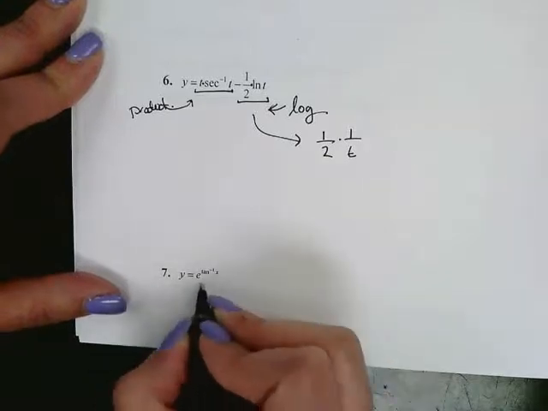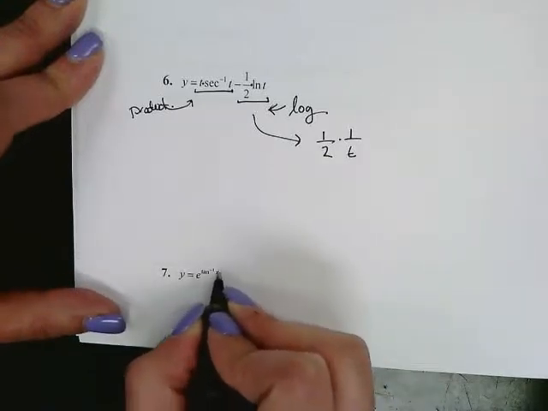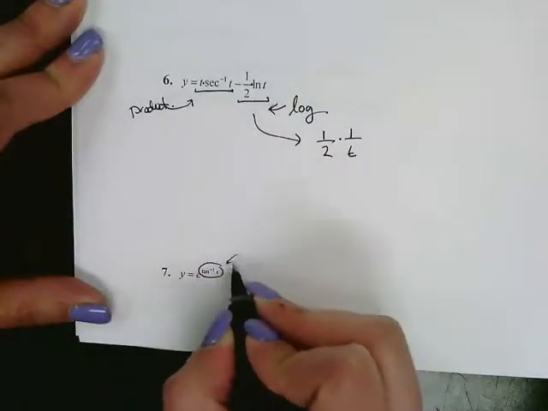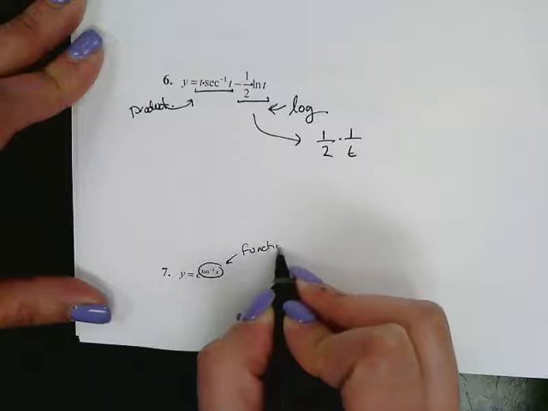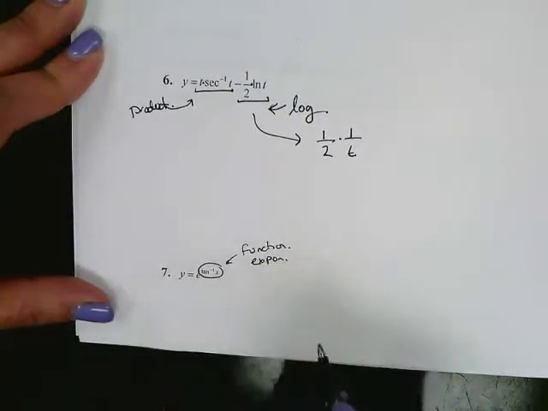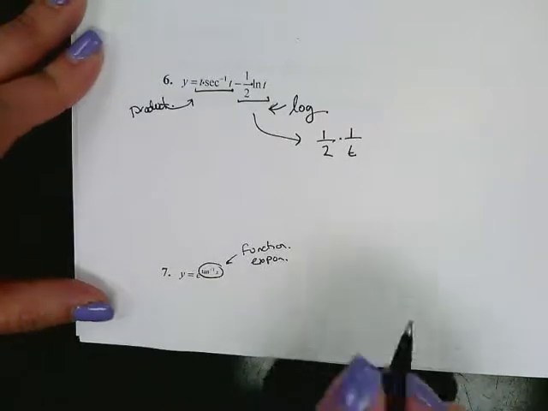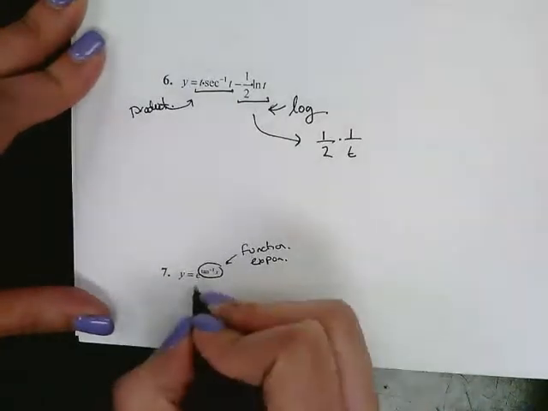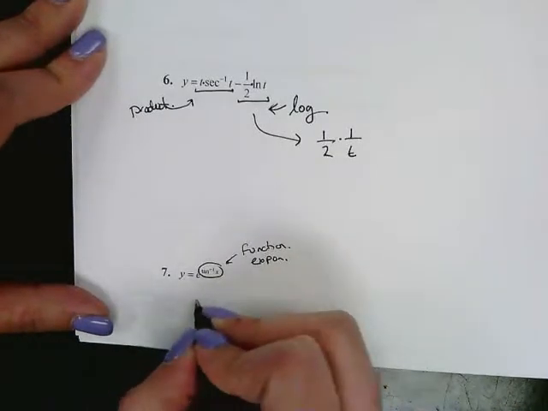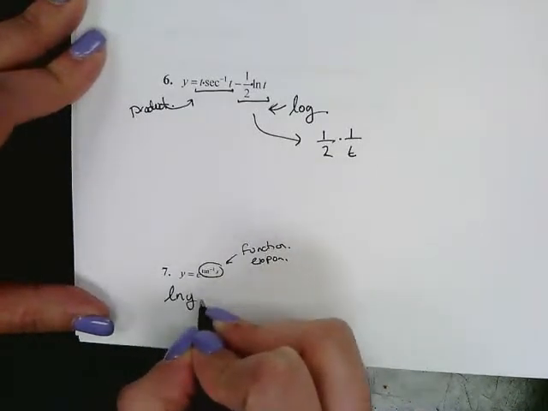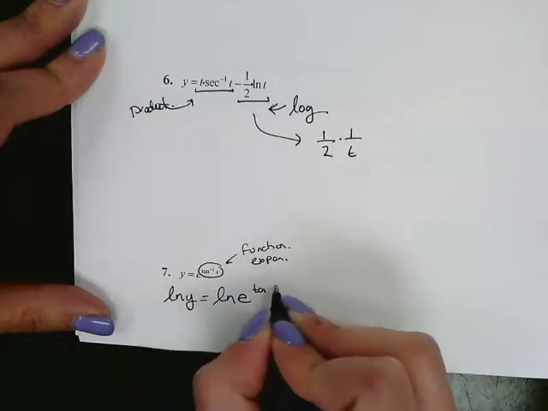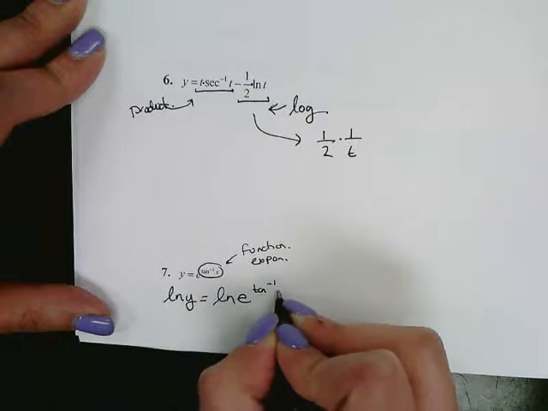All right, number 7. e raised to the inverse tangent. So the minute that you see a function in the exponent, you're going to use the log derivative technique, which basically means if it's e to something, you would just take the ln of both sides. So this becomes ln of y equals ln of e to the inverse tangent of x.